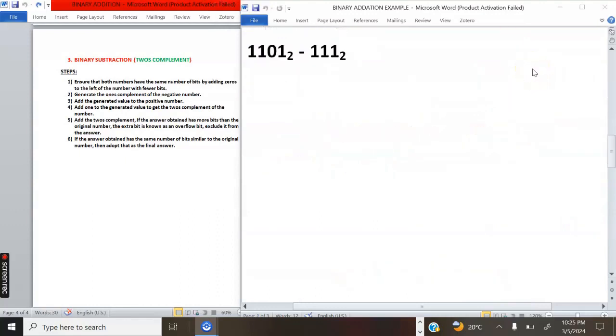Okay, our example number 2, we have 1101 base 2 minus 111. Remember the rules? If the bits are less, you add.